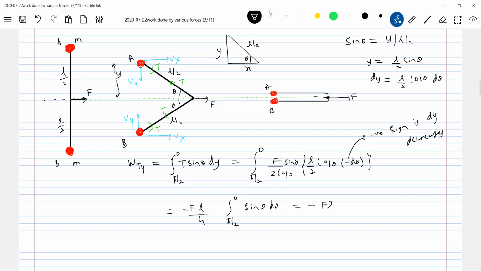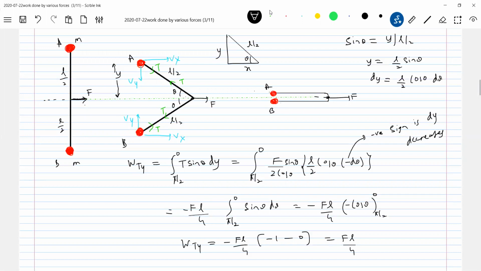The integral of sin theta is minus cos theta, from pi by 2 to 0. So FL by 4 times cos 0 minus 1 minus 0. Therefore this should be equal to FL by 4.